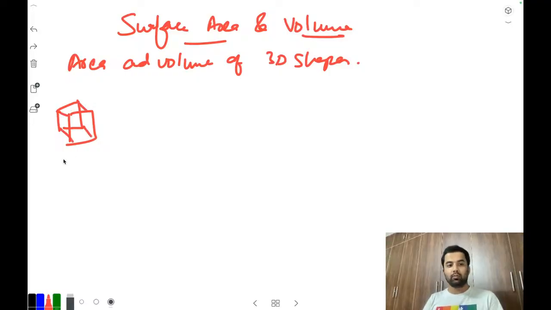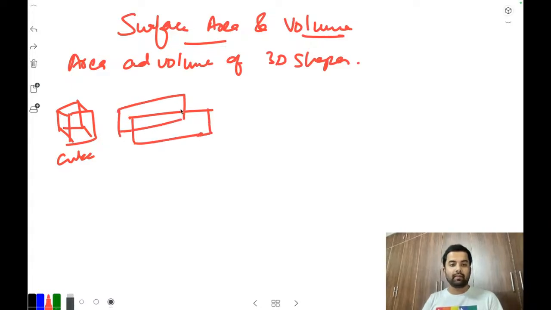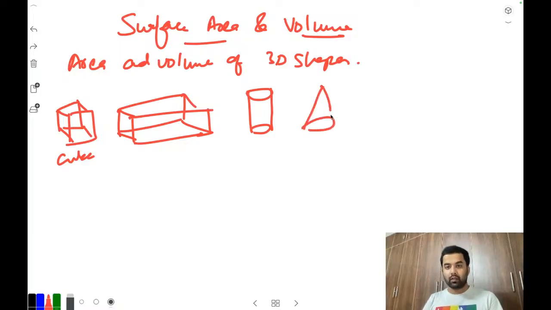If you remember the cube, remember this. Then we had a cuboid, which we studied already. Next, we had a cylinder also, correct? Then we had a cone, if you remember.